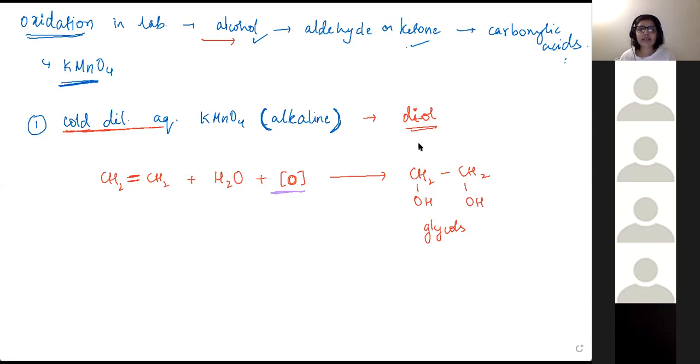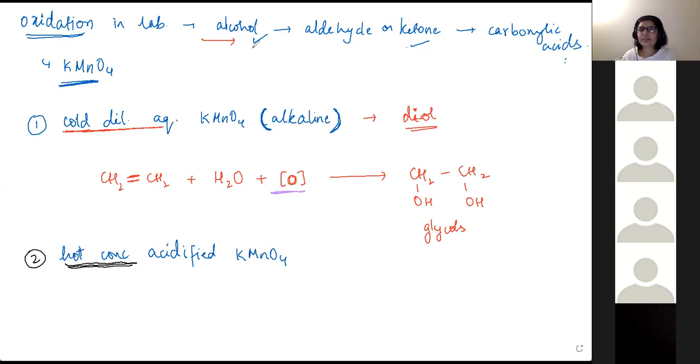Then on the other hand, if you take hot concentrated acidified KMnO4, now under these conditions, hot and concentrated, you're getting a lot more KMnO4 that is going to oxidize this further.